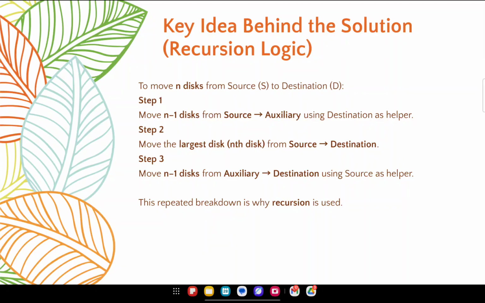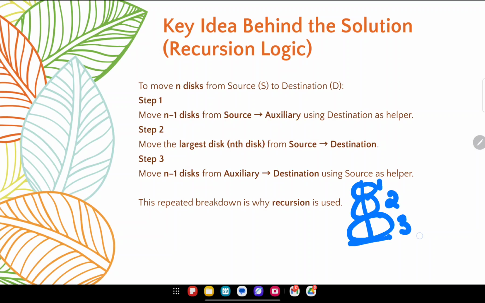Let us understand this with an example of 3 disks. Initially, the source rod has 3 disks. The third disk is the biggest one, then the second disk, and the first disk.